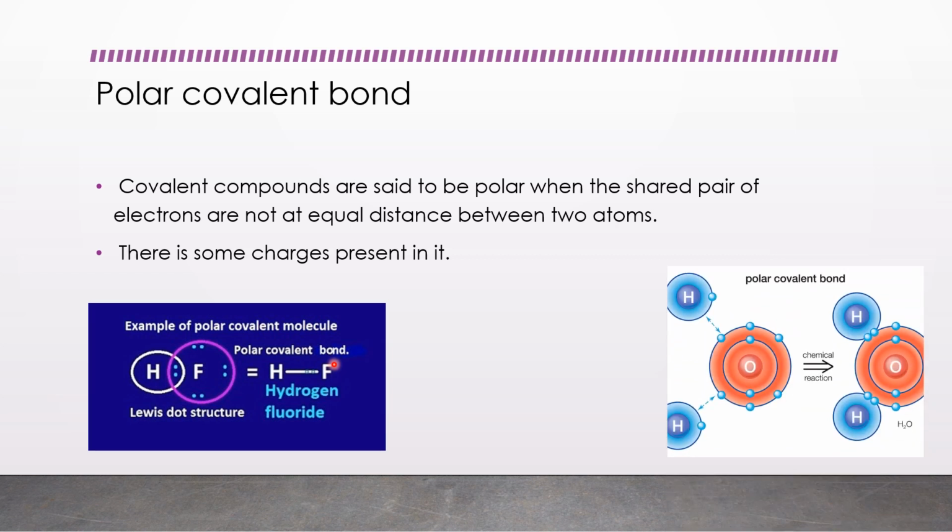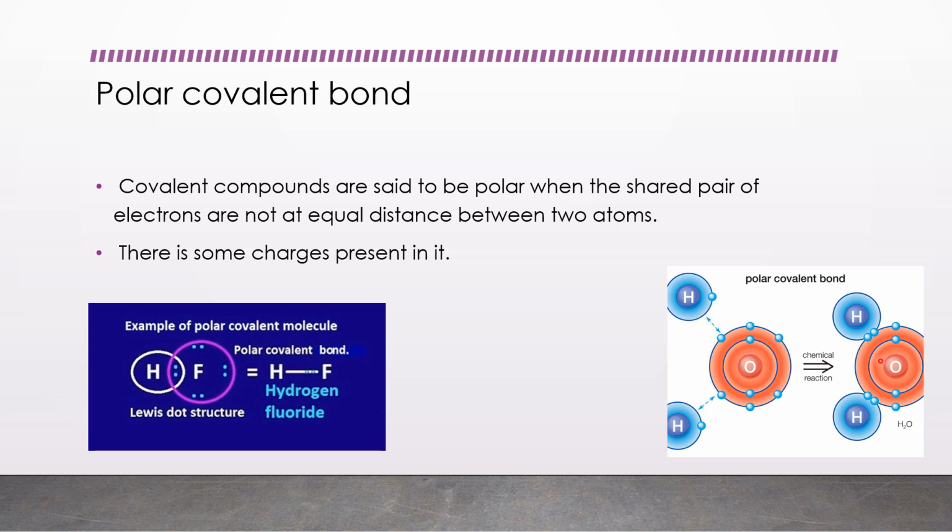And then the next example is water. Water is a polar covalent bond. As we already know, oxygen has an outer electronic configuration of 2, 6. It needs 2 electrons to become an octet. So two hydrogens combine with oxygen to form an octet. Okay, oxygen becomes 2, 8, that is a noble gas configuration, and hydrogen becomes a doublet structure.